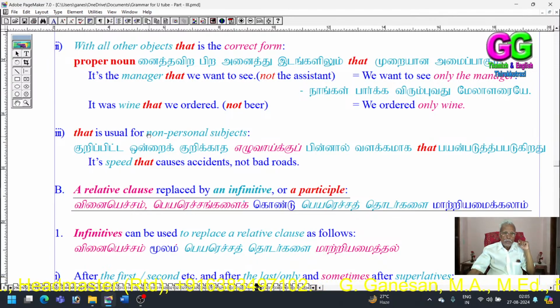It is speed that causes accidents, not the road.